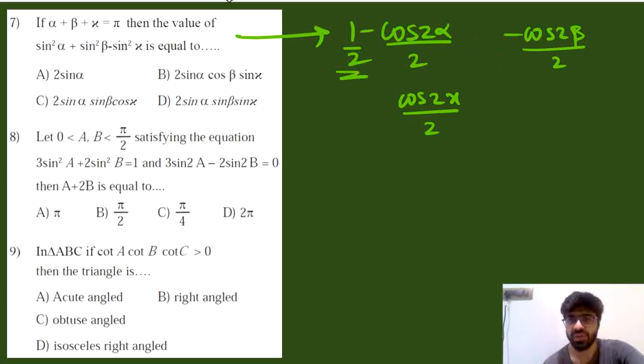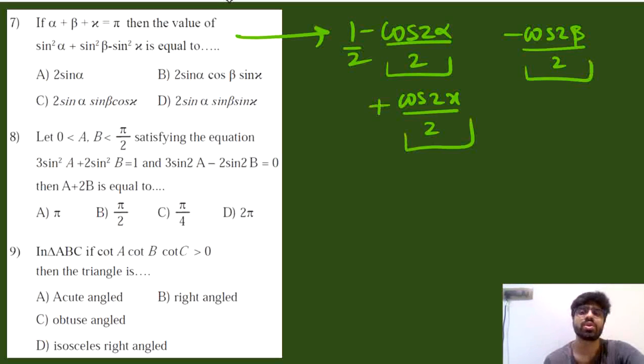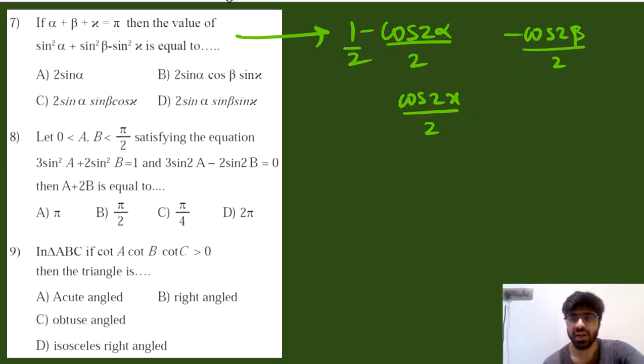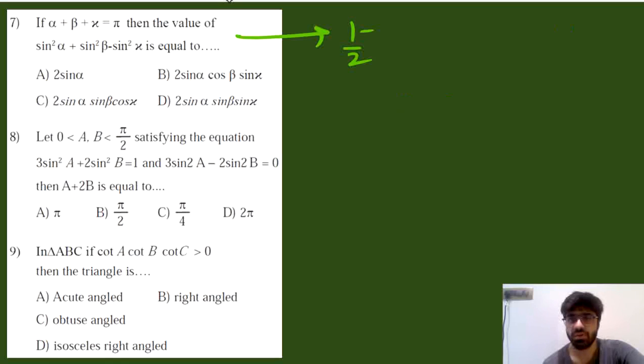So that half is what we have at the very beginning. And from the remaining three terms, this was a plus here, okay? So from the remaining three terms, we can pull out a minus half common. So when a minus half is pulled out common from the three terms here, we have minus half cos 2 alpha plus cos 2 beta minus cos 2x.